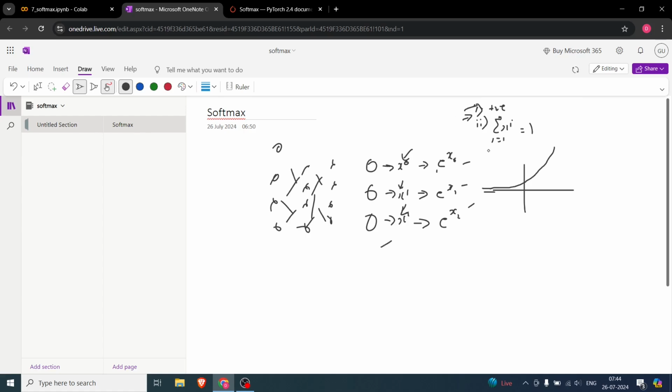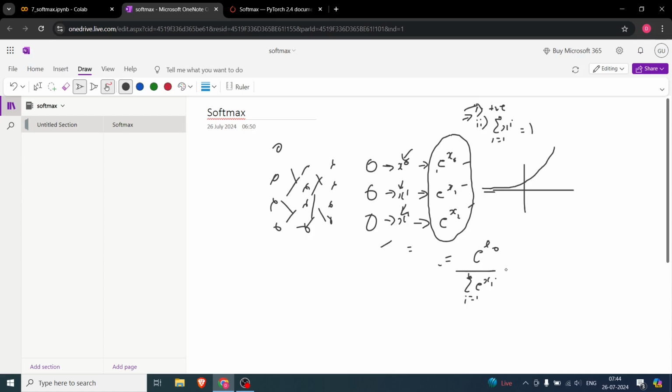Okay, now how to make sure that we get our second condition correctly? So can we say that if I sum all of this and divide each and every one of these exponents by the summation, then what you're effectively doing is normalization. So basically what I'm going to say, instead of just saying e to the power x of 0, why not divide this entire thing by summation of e to the power x of i for i equal to 1 to n.